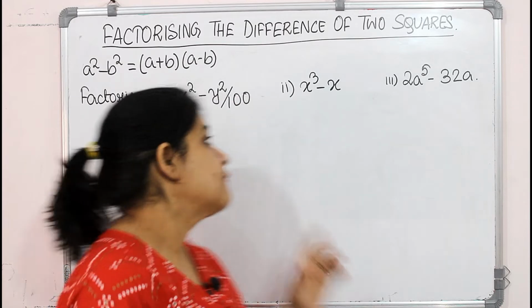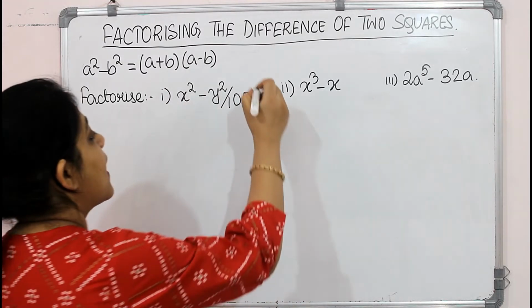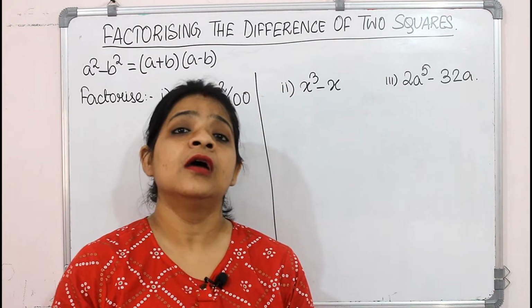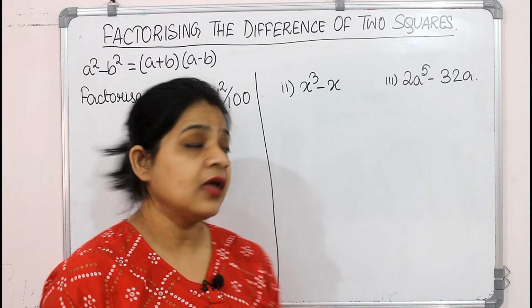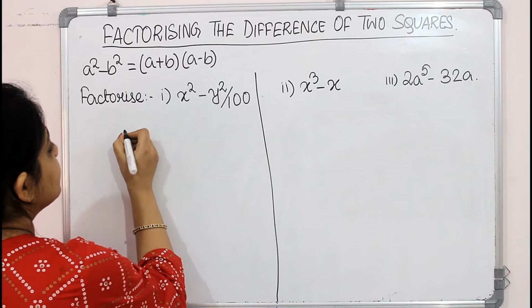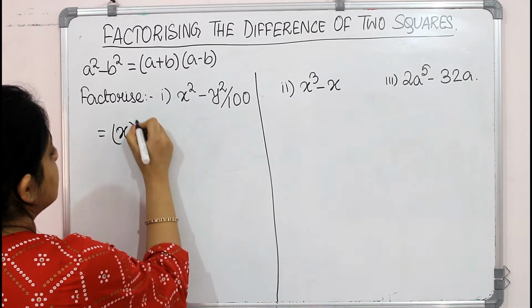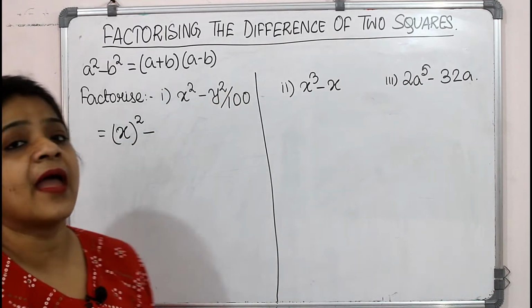Okay, so the first example is x square minus y square by 100. First and foremost, you have to make each term a square. Here you can clearly see x square, that is x whole square, minus y square by 100.